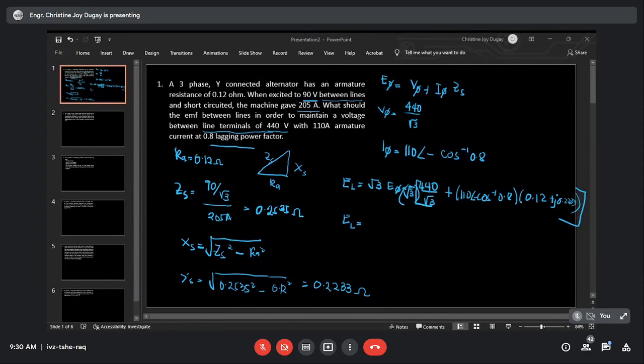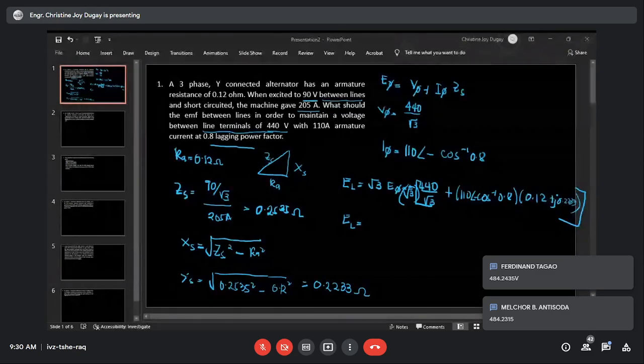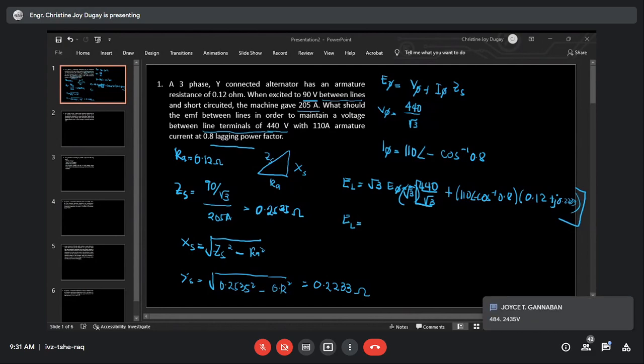Same po ba kayo nang na-calculate ni Miss Cerise? Sabi ni Mr. Tagaw, that is 484. And even Mr. Antisoda, that is 484. Can we see kung saan nagkulang si Miss Cerise? Miss Cerise, can you review your solution and let's see kung saan ka nagkulang?